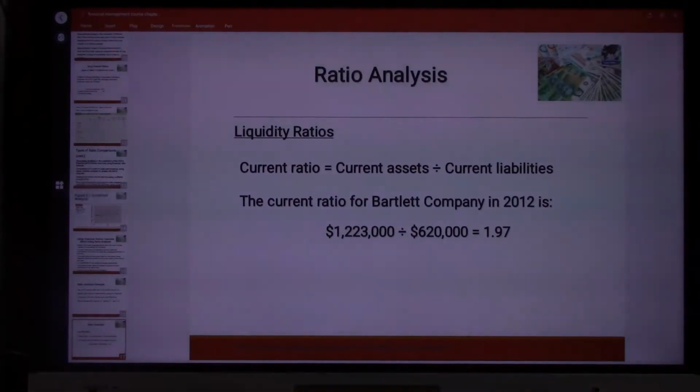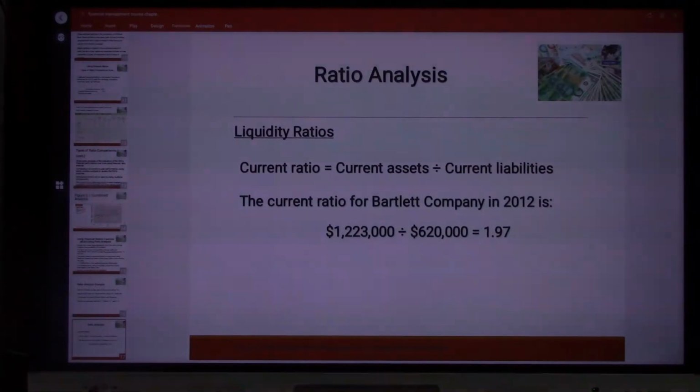Current ratio equals current assets divided by current liabilities. As you see in our example, by dividing current assets by our current liabilities, our current ratio is equal to 1.97. What does it mean? It means that our current assets are enough to cover our current liabilities about 2 times.